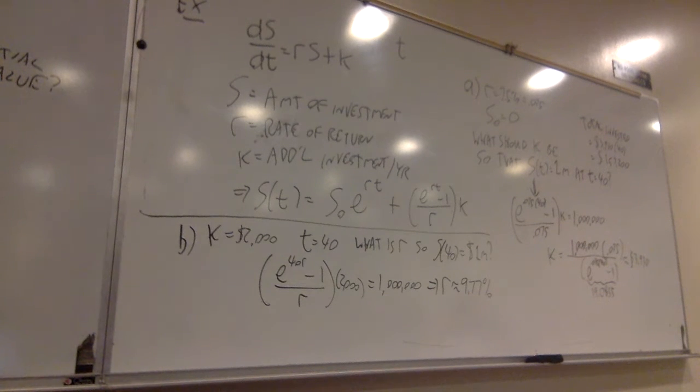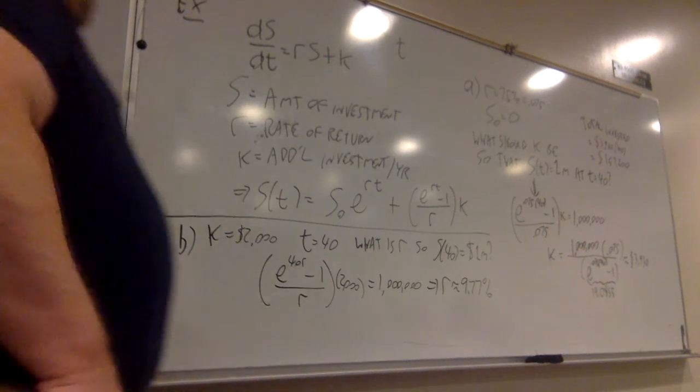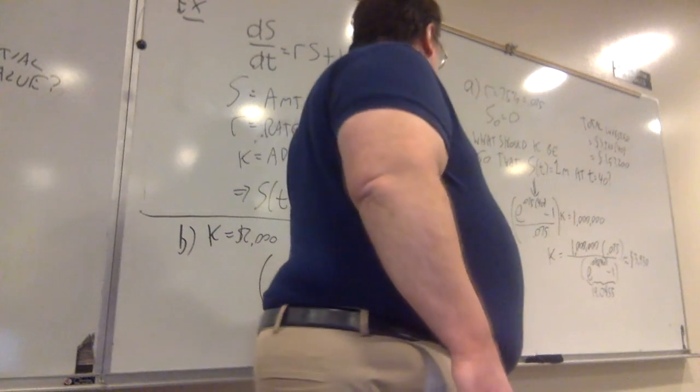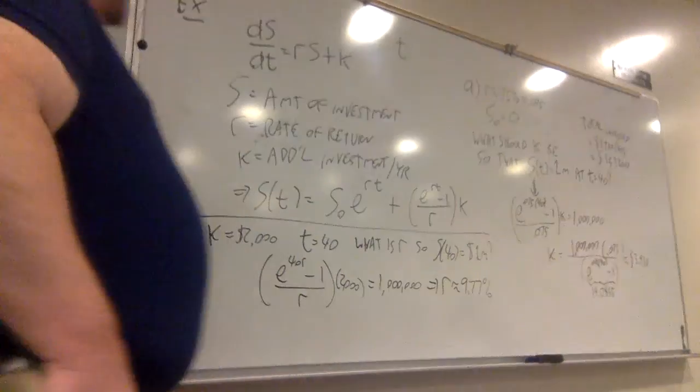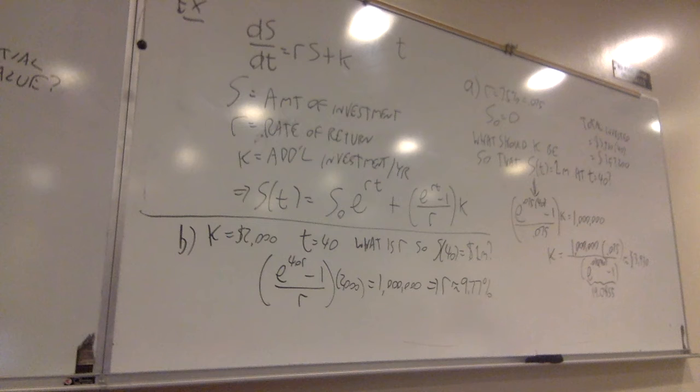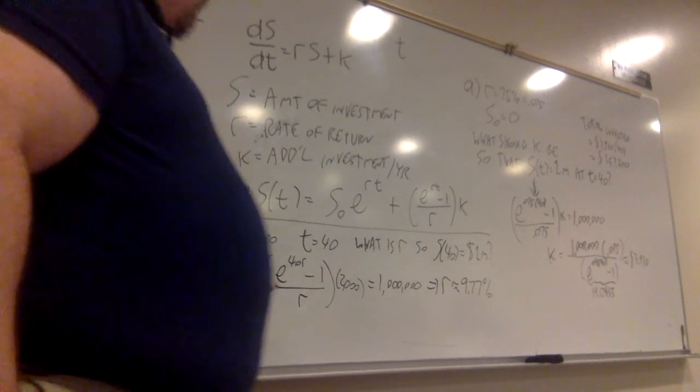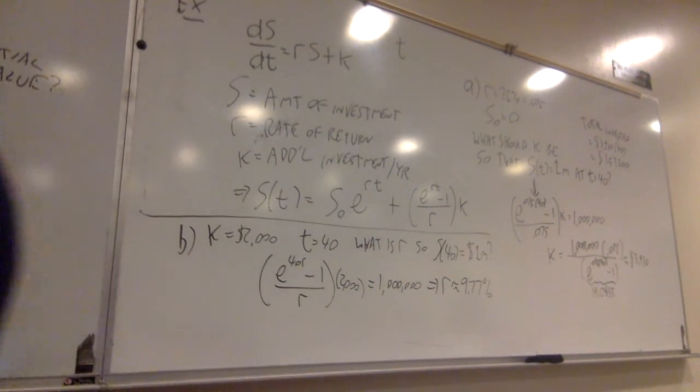Okay. But just to give an idea of the kind of questions that come up when you have a solution formula and basically you're given all the parameters but one in each scenario, and you're trying to solve for that last parameter. It could be R or T or K in this case, or possibly S naught.